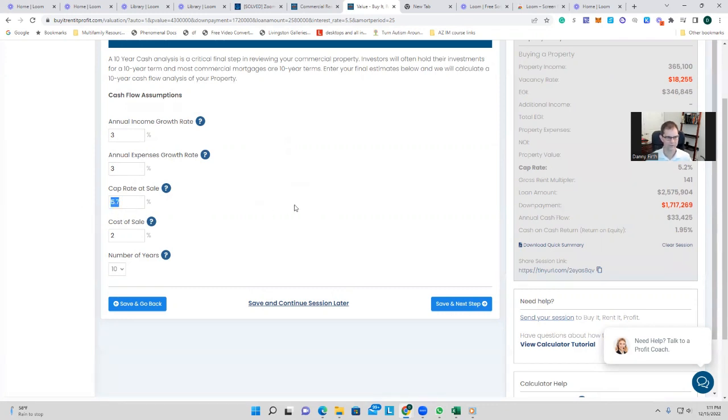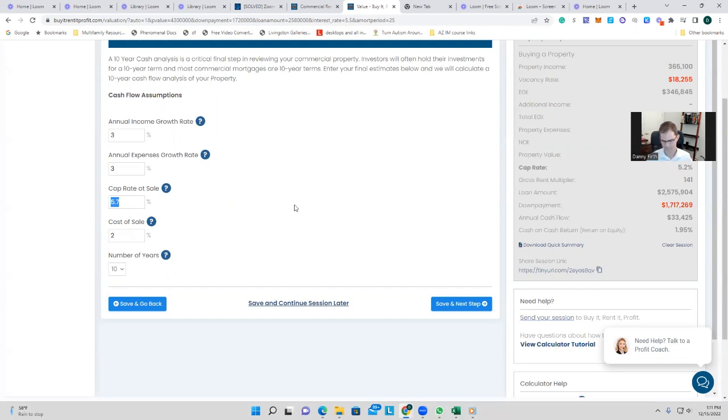And then cap rate at sale, this is one of these things where you have to pick a number. I think the more I've been talking to people, and Brian has as well, I don't think many people think interest rates are going to be going much higher, which ultimately are going to affect cap rates.